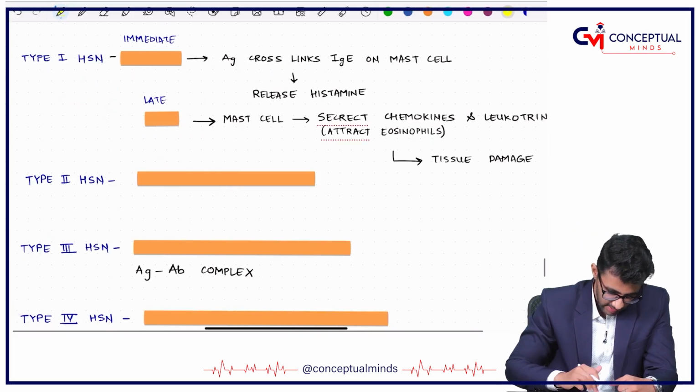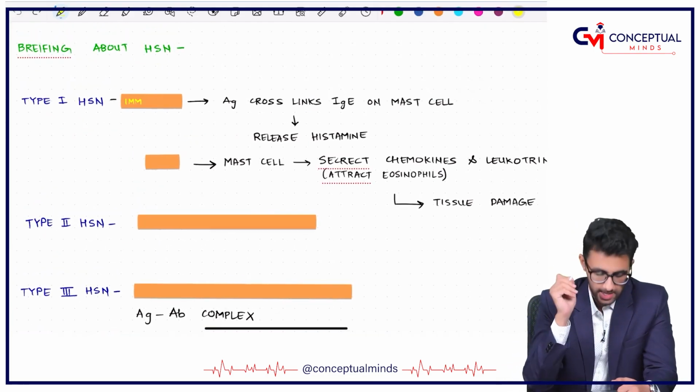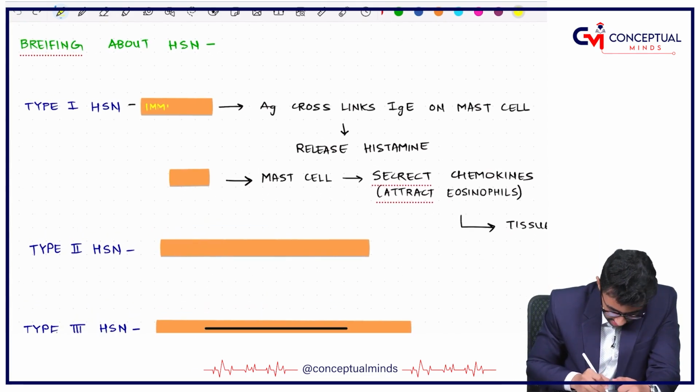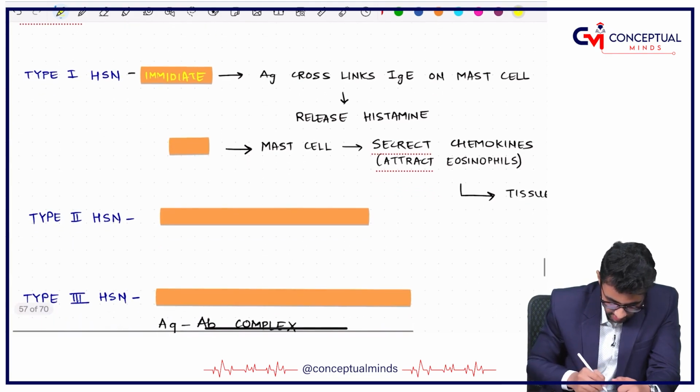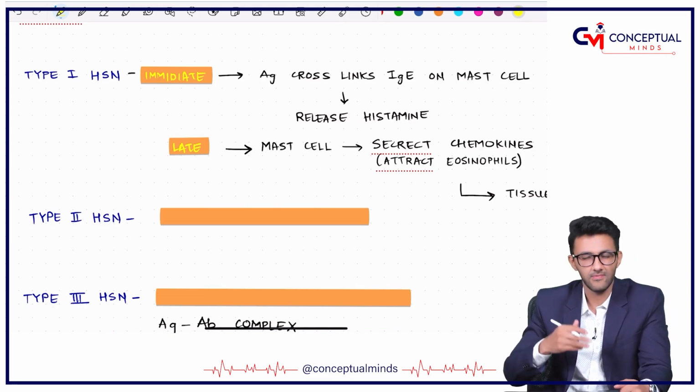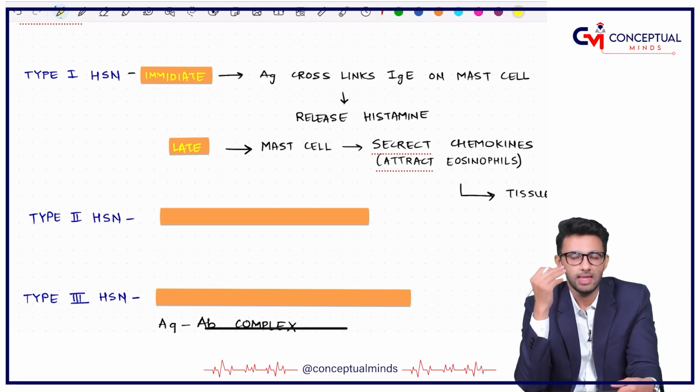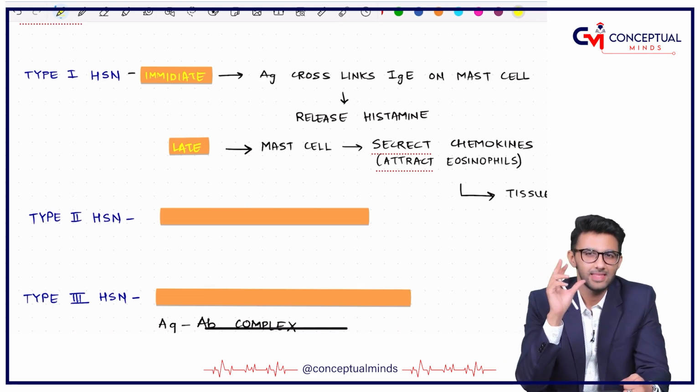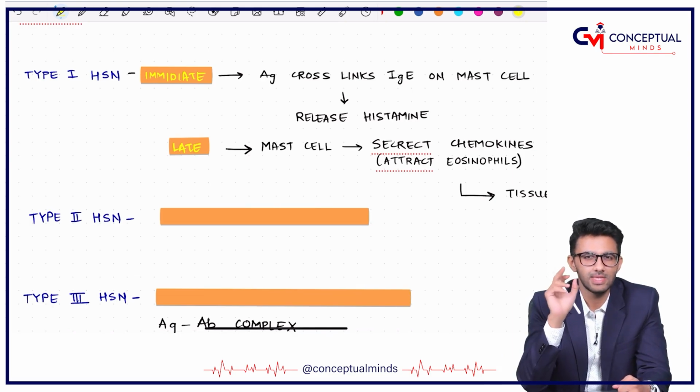So the type 1 hypersensitivity reaction can either be immediate, or it could be a late type. We always read that type 1 is allergic. There is a very famous mnemonic, we use ACID, to remember the 4 types of hypersensitivity reactions.